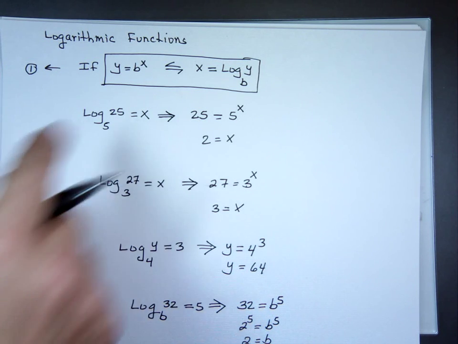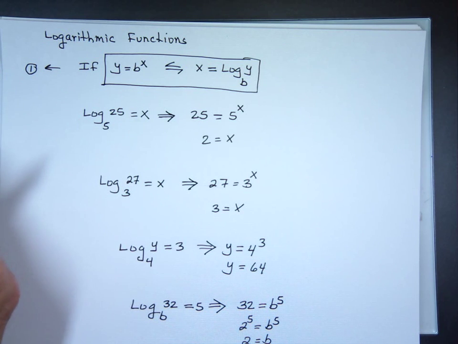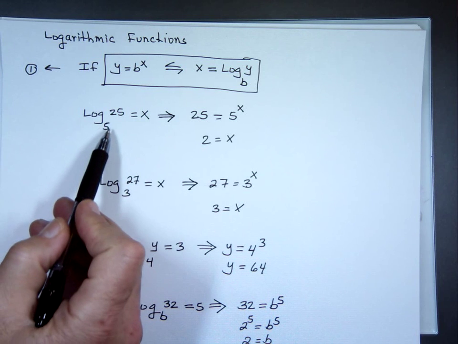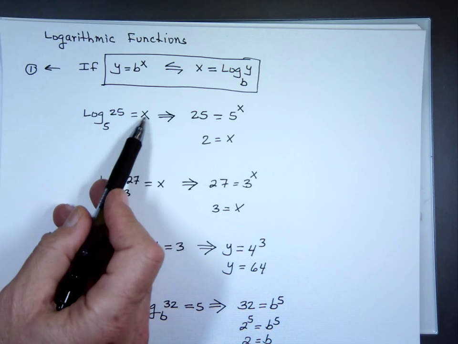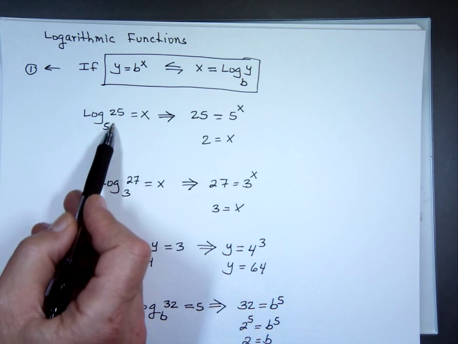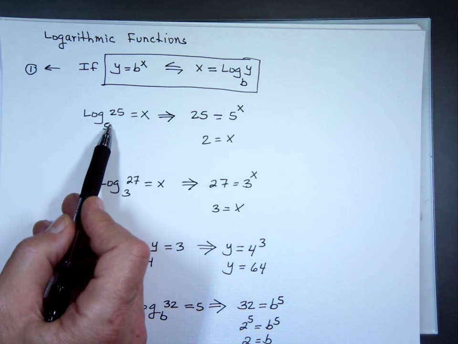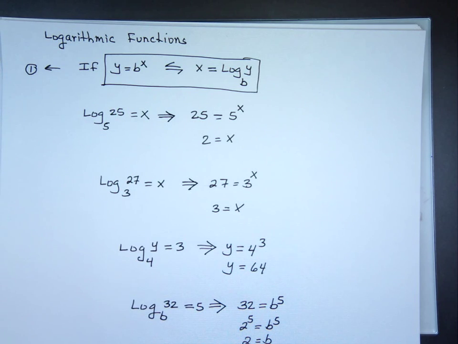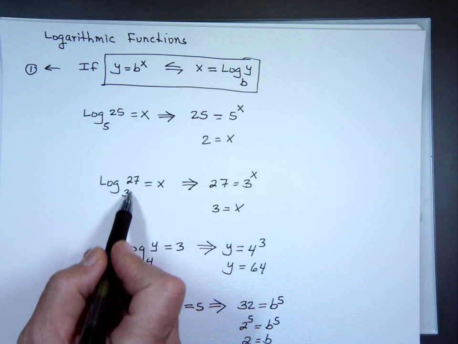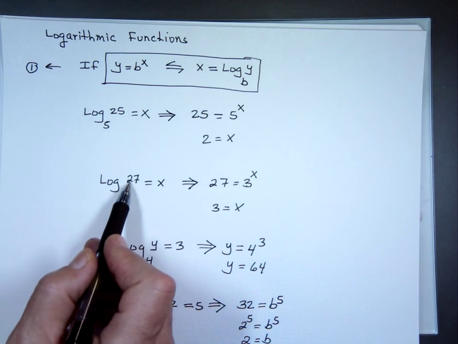So that's the first rule about the logarithmic function. So when someone asks you what is the log of any number, we ask: to what power do I have to raise the 5 to? The answer will equal 25. To what power do I need to raise the 3 to? The answer will be 27.